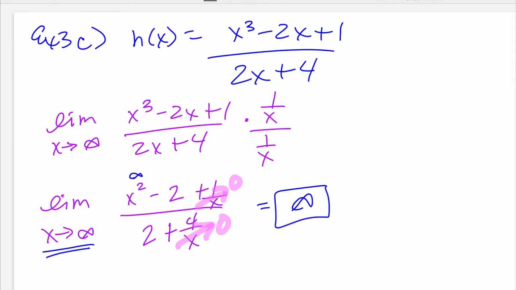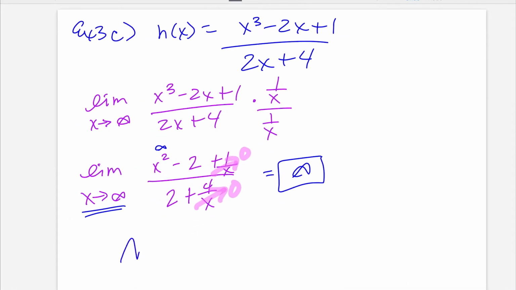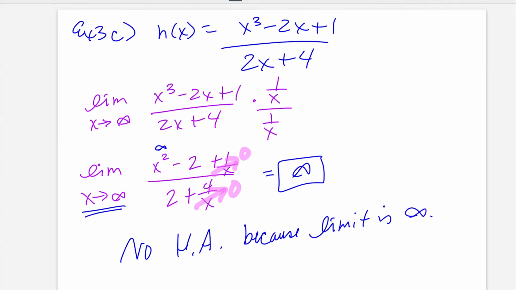If I plug negative infinity in here, this is squared, so it's going to go arbitrarily large, and I'm still going to take that to infinity. So this one has no horizontal asymptotes because my limit is infinity. Anytime your limit goes to infinity or negative infinity, there's no horizontal asymptote. In order to get a horizontal asymptote, you have to have a numeric value.